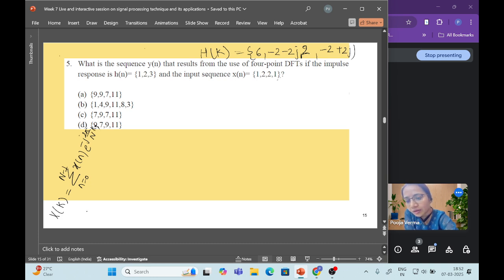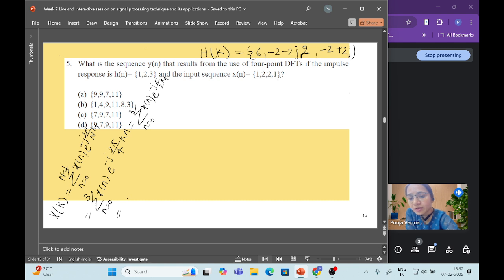Okay, similarly, n will vary from 0 to 3 x of n e to the power minus j 2 pi by 4 k n. Similarly, n is equal to 0 to 3 x of n e to the power minus j pi by 2 k n. Okay, so now we have to write in that form.